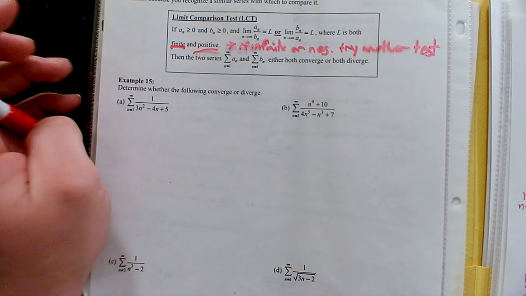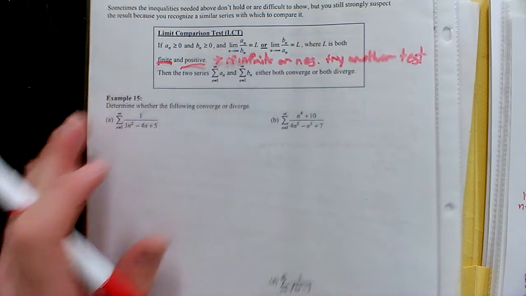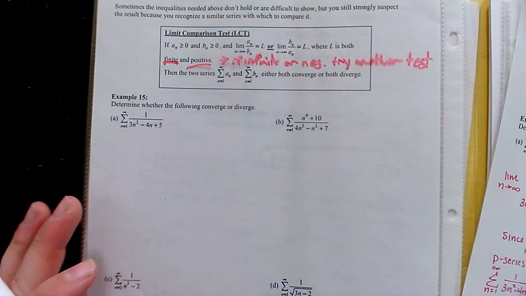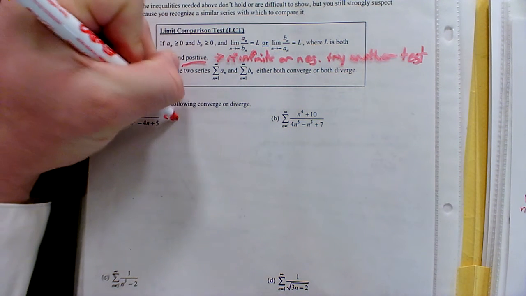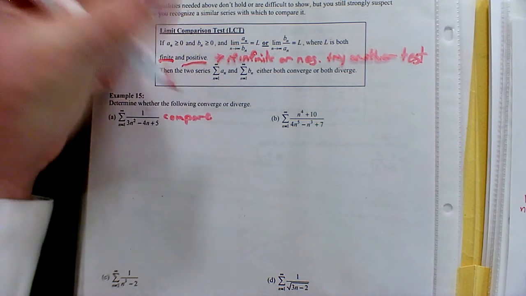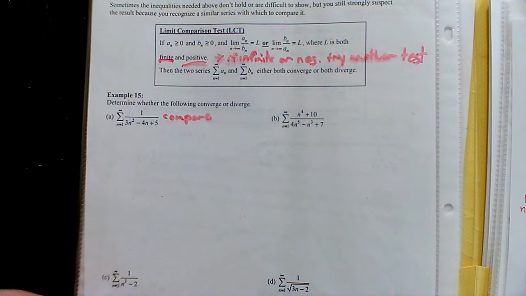So I guess the best way is let's actually just get started with one of the examples. So it's the limit comparison test. So kind of like the direct comparison test, we need something to compare this to. So what do you think we're going to compare this problem to? Similar to the direct comparison, we have to find something to compare this summation to.